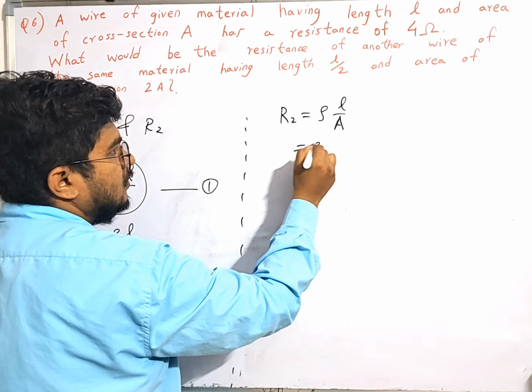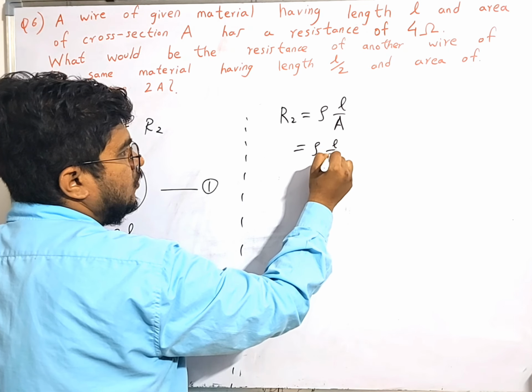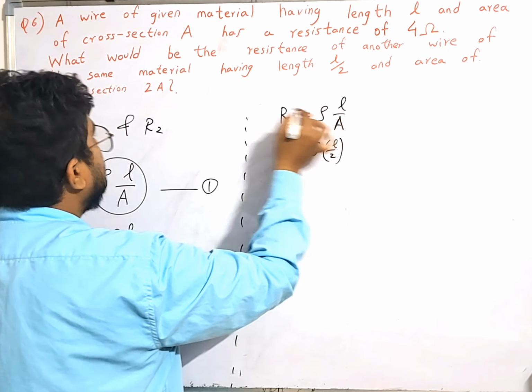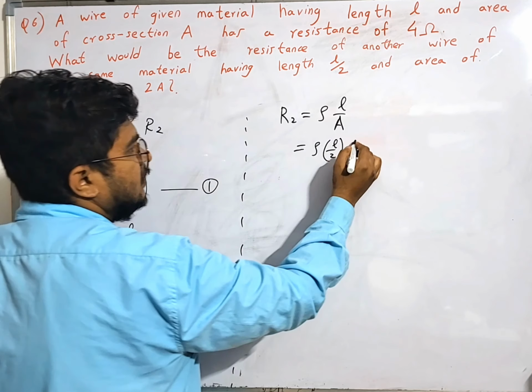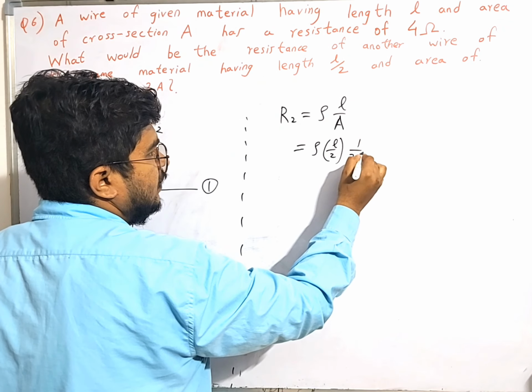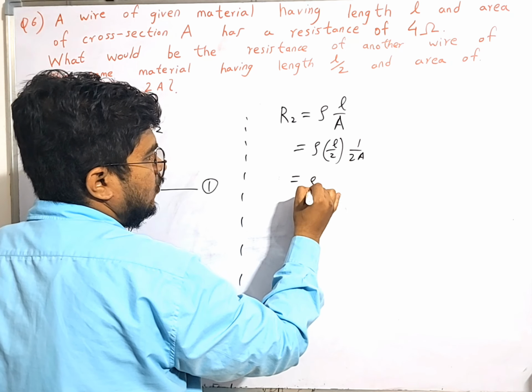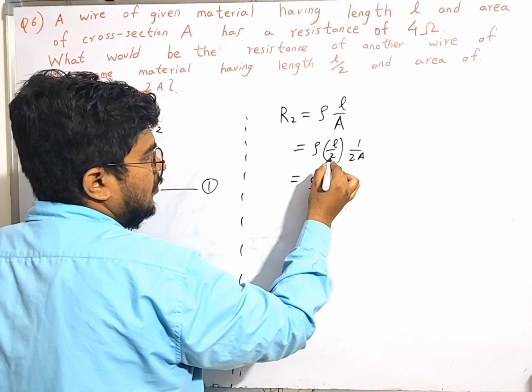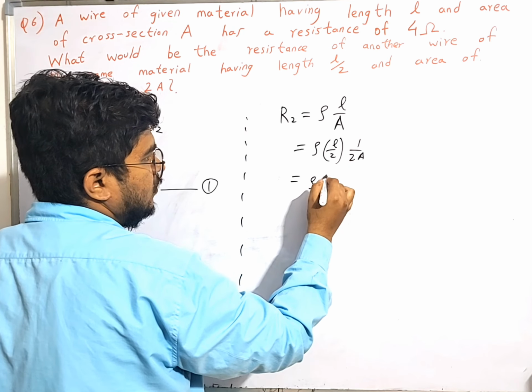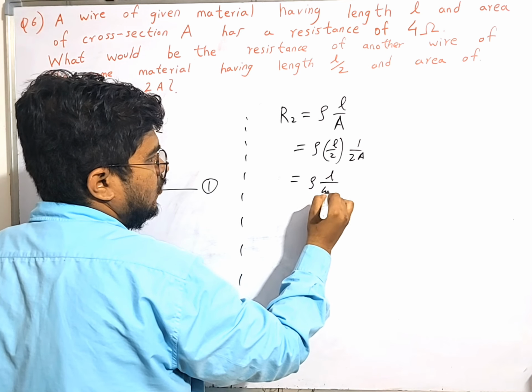So rho L upon 2, and area is how much? Area of cross section is 2A. That is 1 upon 2A. So we get rho L upon 2, 2 into 2, 4. So L 4A.